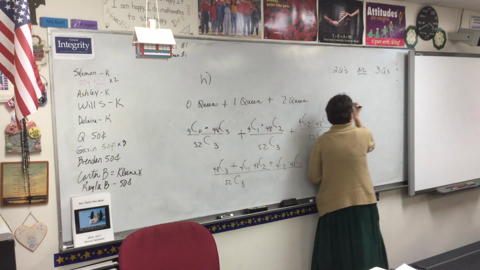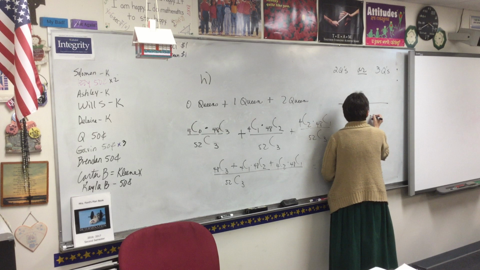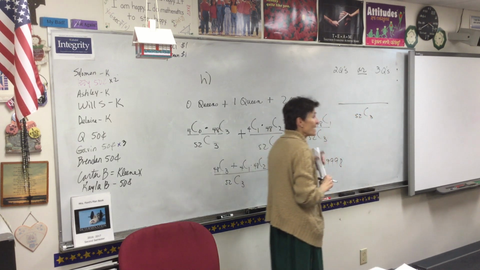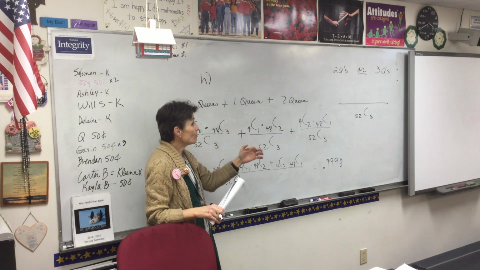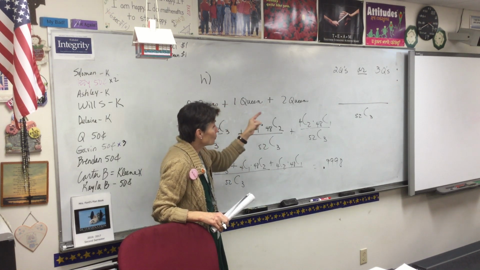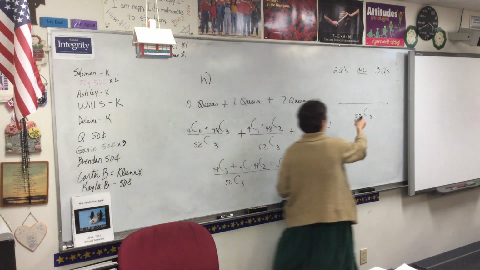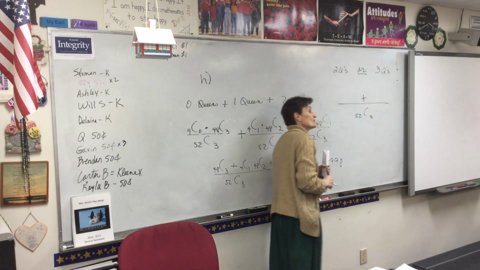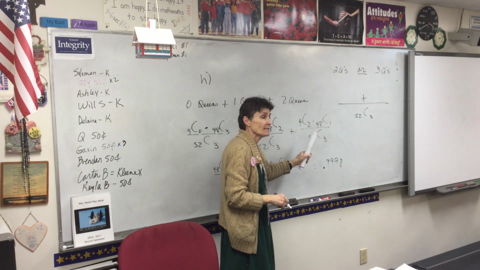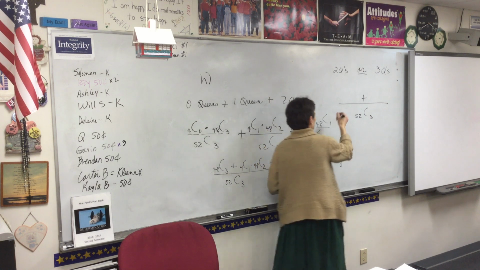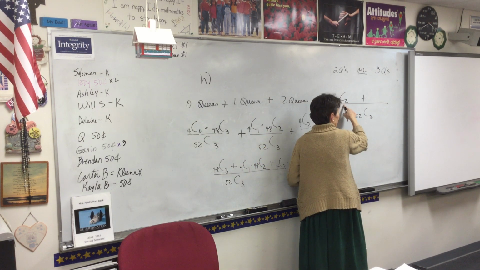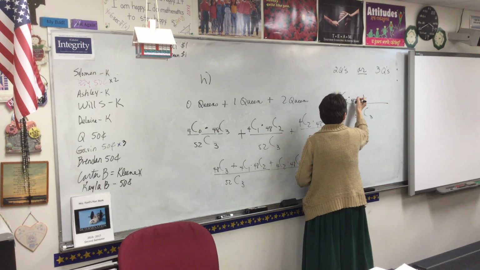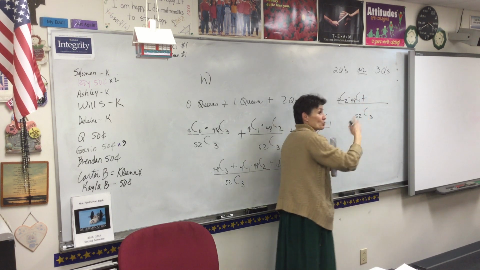Now, the denominator of the whole shebang is 52C3, so I'm not going to write a bunch of individual fractions. The numerator is 2 queens. Tell me, what does two queens look like? We've already done it. Two queens looks like 4C2, those are my queens, times 48C1. That's my extra card.